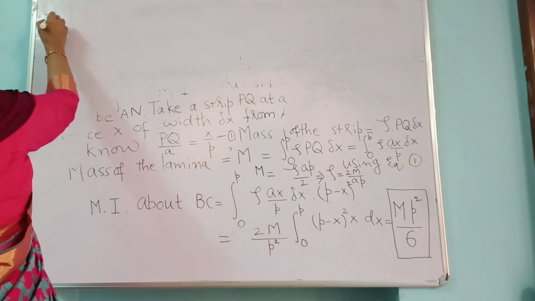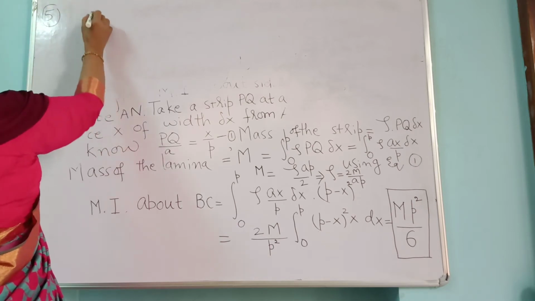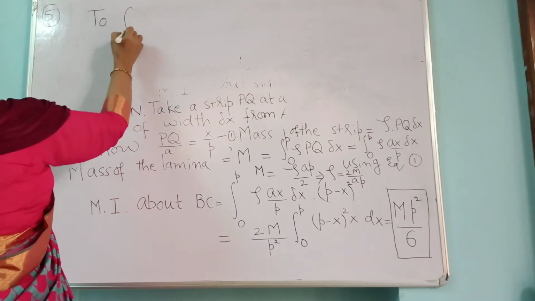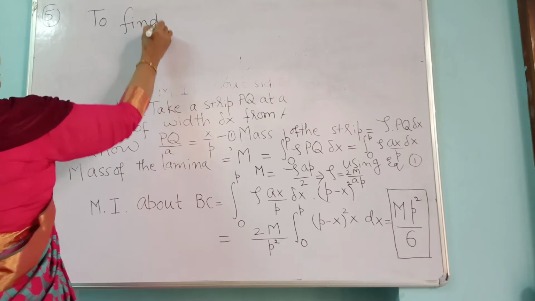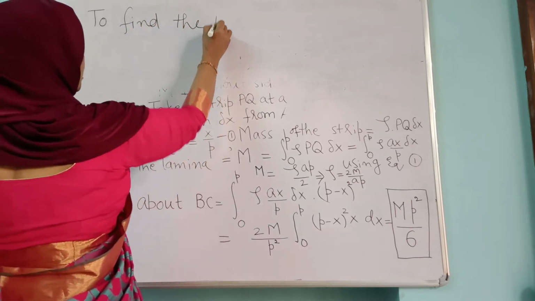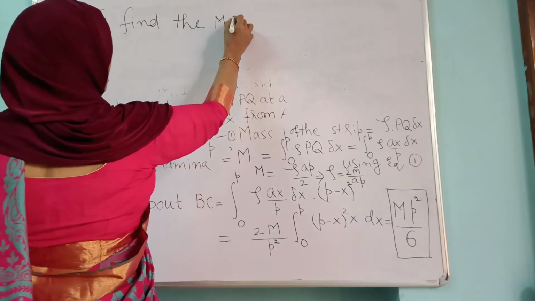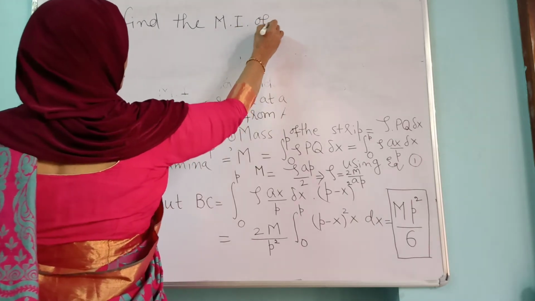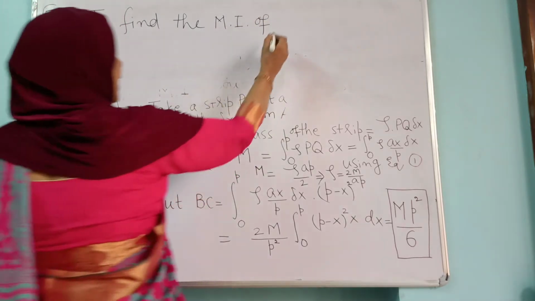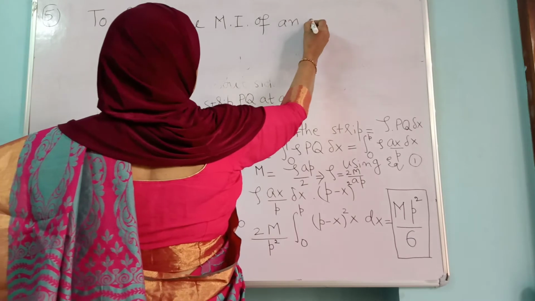This is the fifth case, to find the moment of inertia of an elliptic disc.